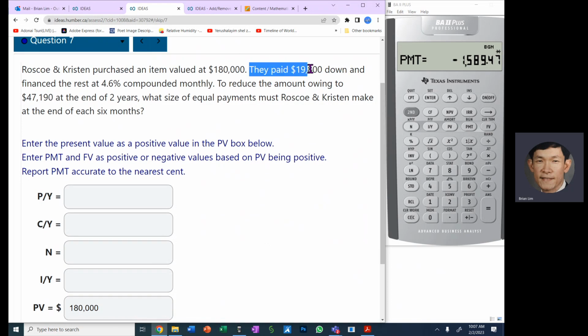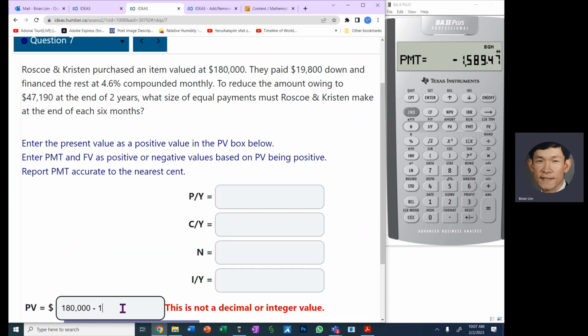They paid down 19,800. All right, so from this, we would have to subtract 19,800.